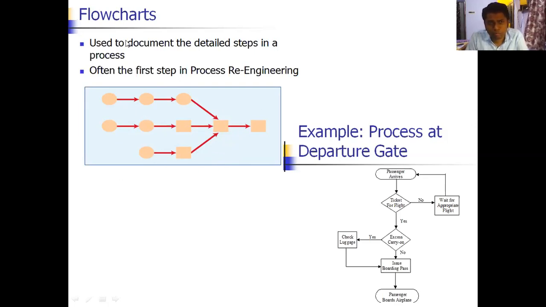You can also identify the bottleneck of your operation, and also identify in which particular workstation the defects are going on, and you need to take special care about that particular workstation. So that's why flow chart is very important, and it is a basic requirement or necessity.